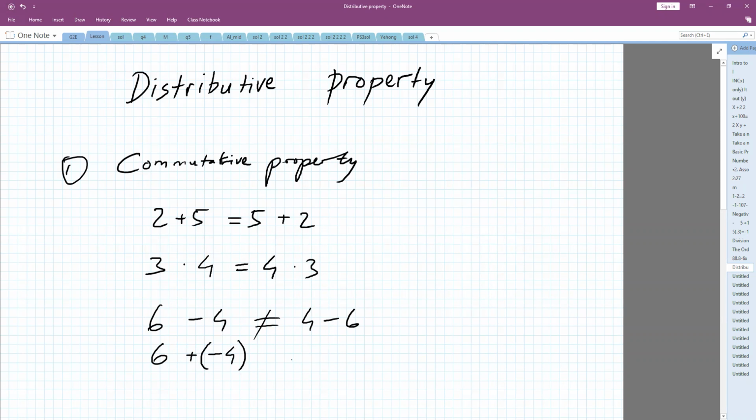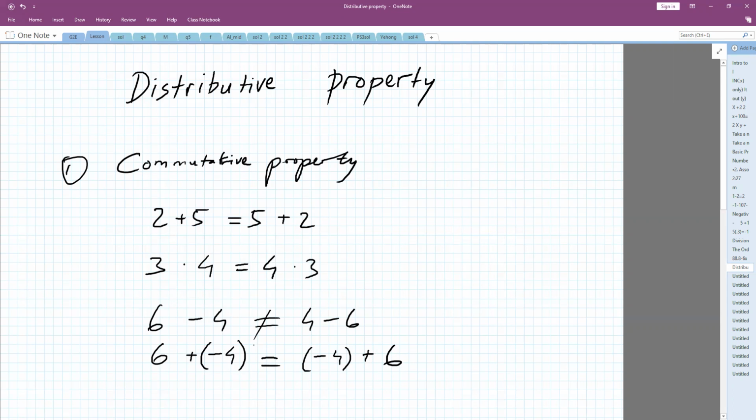Now in that case, when you have a plus here, this is now the same as minus 4 and then plus 6. Okay. So 6 minus 4 equals minus 4 plus 6.